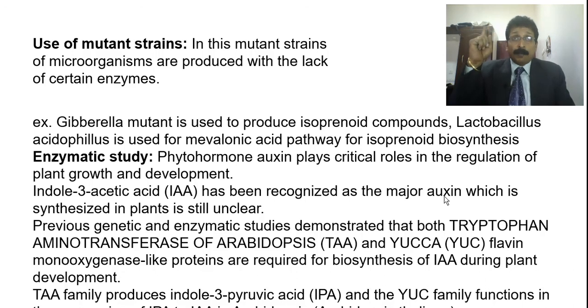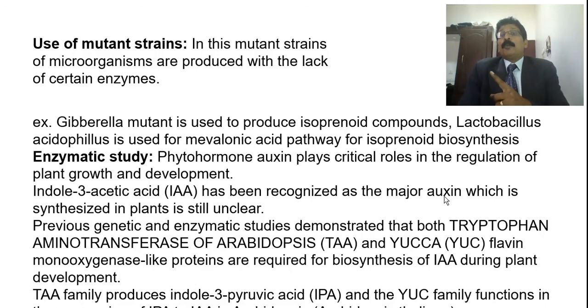They found out that the plant was growing unusually, and they found out this is the mutant. This is the organism which is responsible for giving growth, more cell division. So they found out this is a hormone which is responsible for growth. So Gibberella mutant is used to produce isoprenoid compounds. Lactobacillus acidophilus is used for the mevalonic acid pathway for isoprenoid biosynthesis.